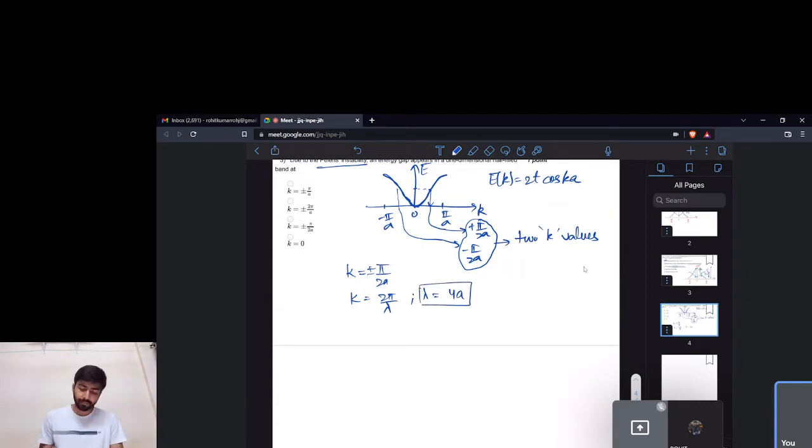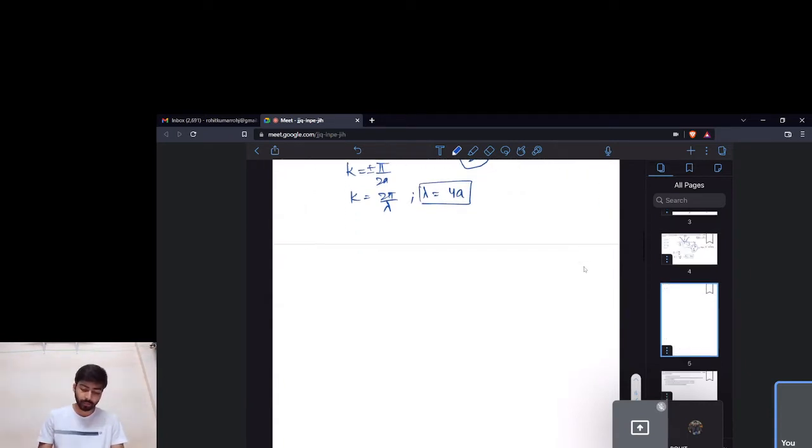This 4a wavelength in the system can be imagined as follows. Let's say that these were the 1D atoms present, and lambda 4a means 4 atoms. Till 4 lattice constants we have one lambda, then we have another.